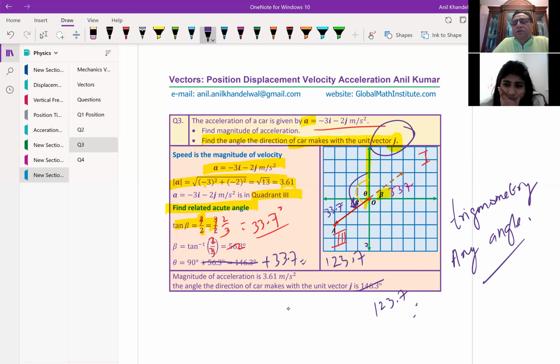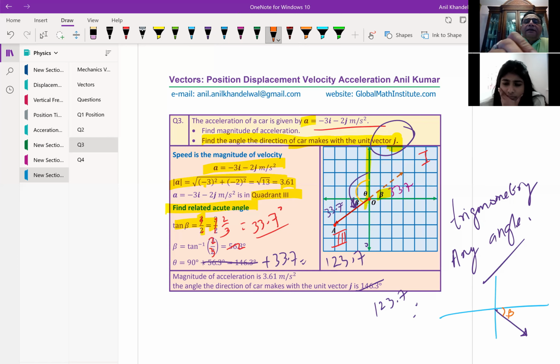Now, coming back to your question, if the situation is such that we have some vector which is in this place, correct? In that case, that is the related acute angle beta.